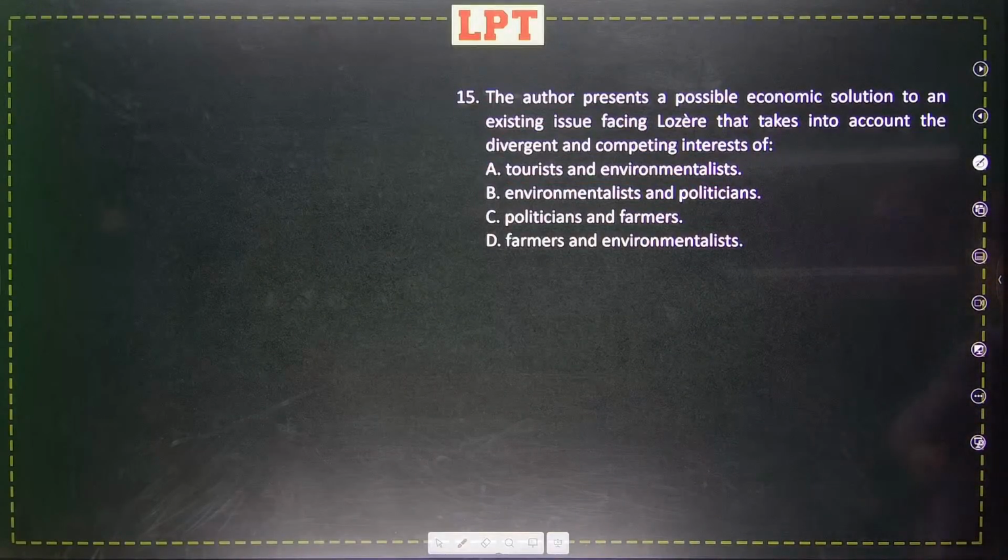Question number 15. Let me know if you have any answers.